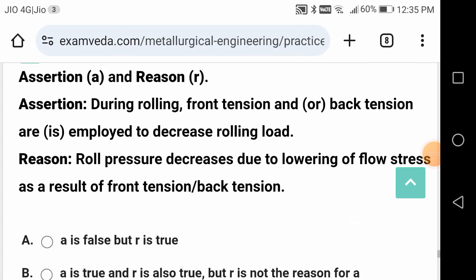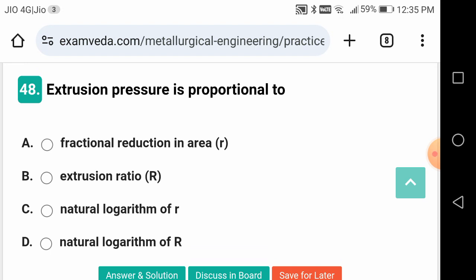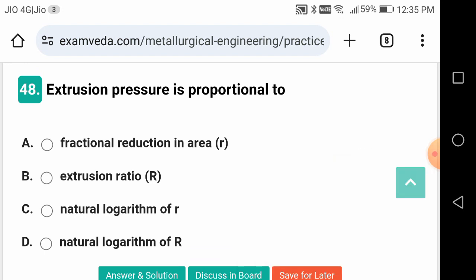Okay, friends, in this video we have seen 50 very good questions from production operations, like rolling, then extrusion, deep drawing, which is very useful for your examination. TS Genco AE is going to be conducted, as per the latest reports, as usual on December 17th, but as another 3 exams are going to be conducted, your SRO has been postponed, friends.